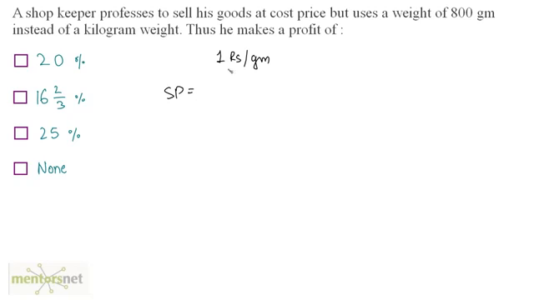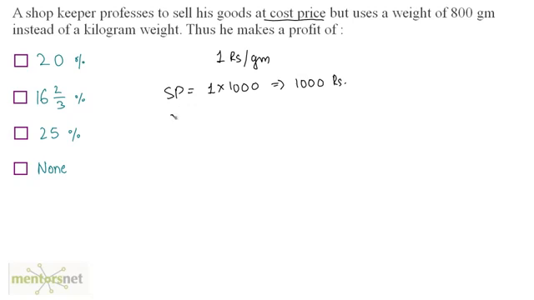He also says he is selling at cost price, so the cost price is 1 rupee per gram. So the selling price is 1 times 1000 grams, which is 1000 rupees.